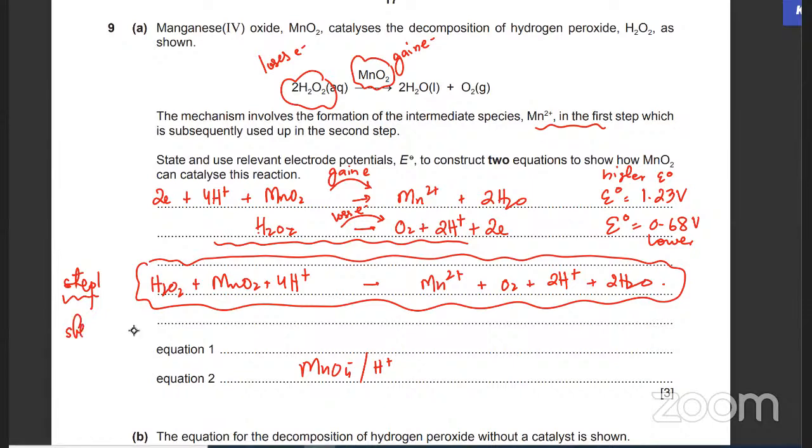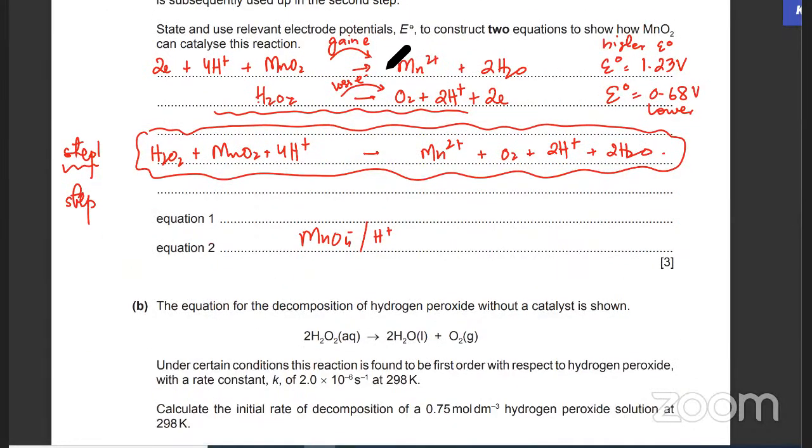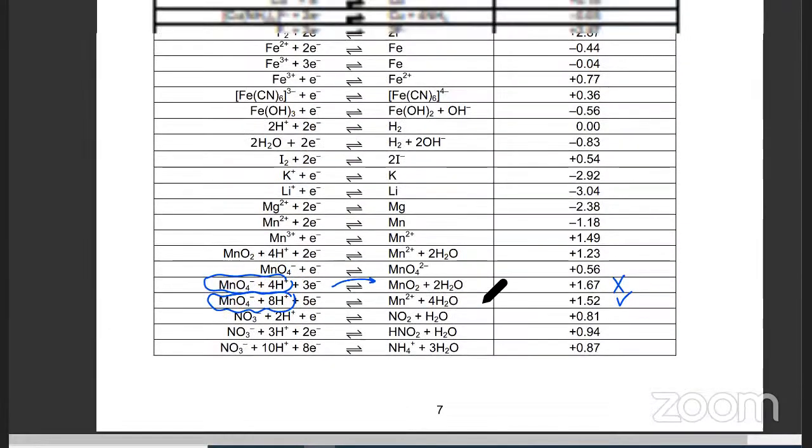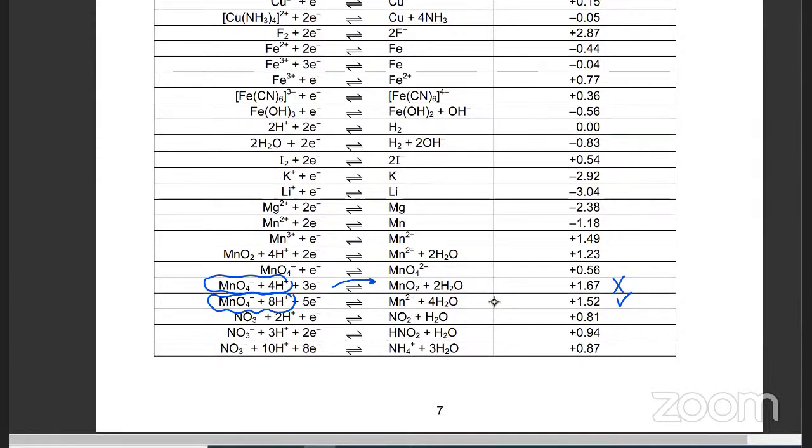Now step number 2 is that the reverse is going to happen. The Mn2 plus should convert back into MnO2, so you need the reverse reaction now. If I go back to the data booklet and revisit my MnO2 equation, a catalyst has to be reformed.